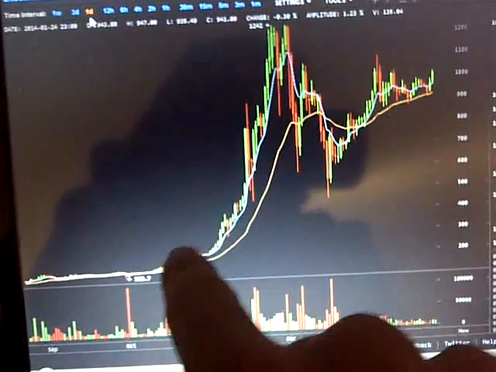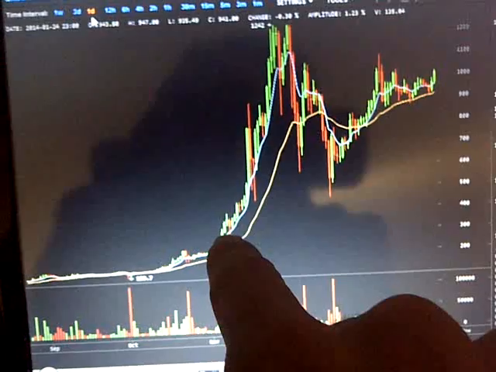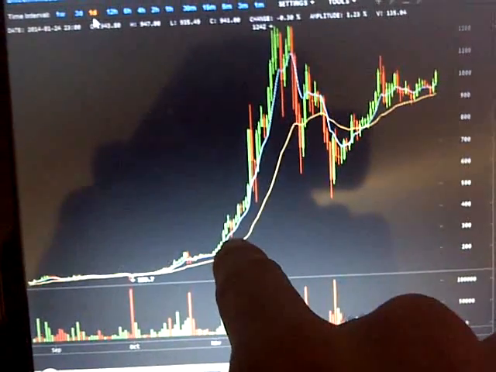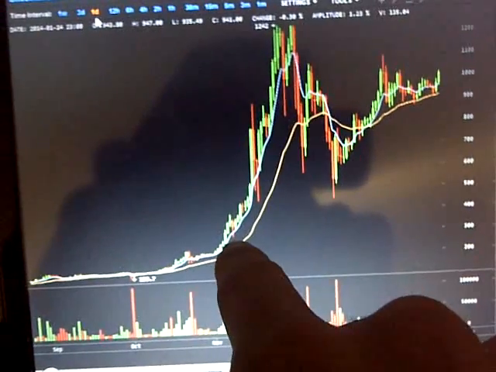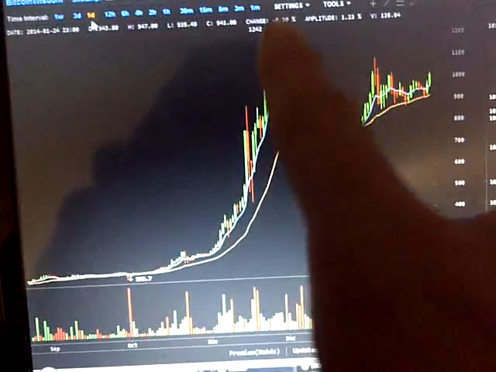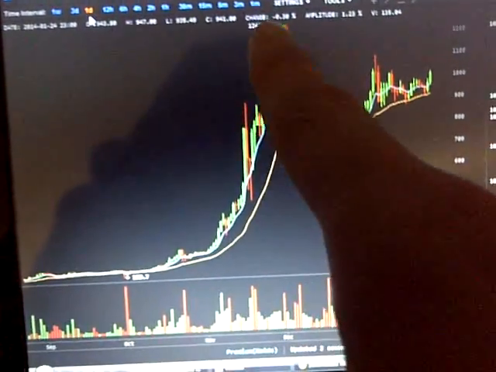The breakout was probably right about here, and it broke out, bounced back to the top resistance line, and just continued on up. So this is a breakout of monumental proportion here.